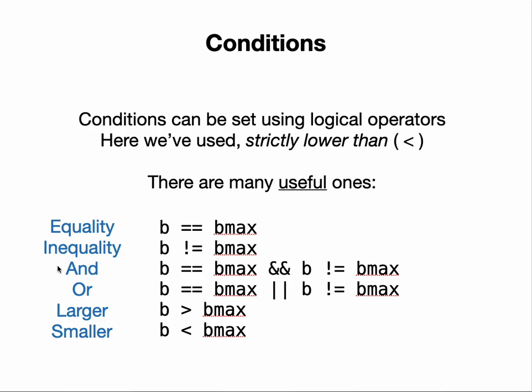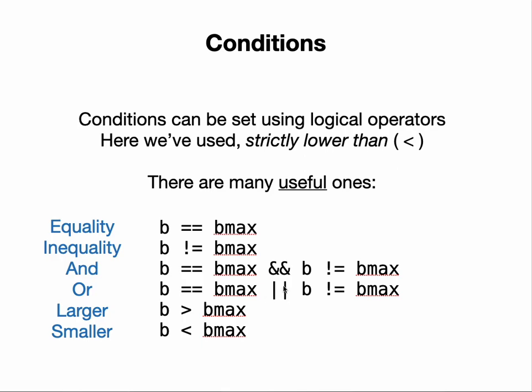You can combine things. If you want the two conditions to be valid at the same time, you can use an AND statement. This is this symbol here, twice AND. If you want either of the conditions to be verified, you can use the OR statement.